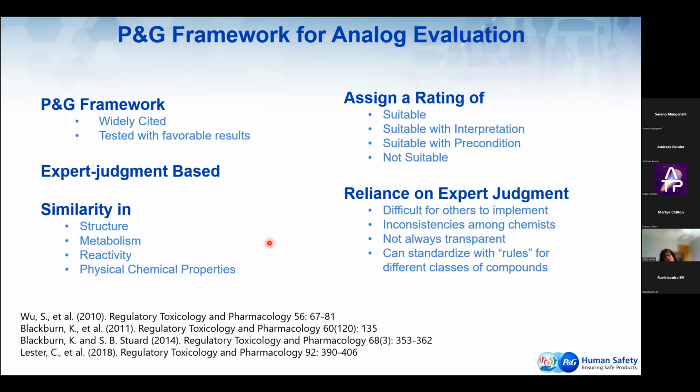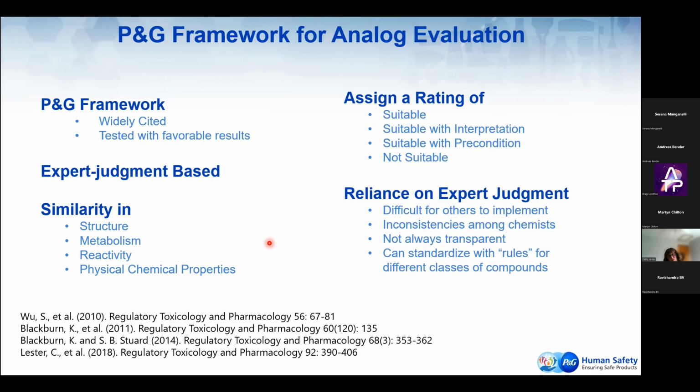Because the framework relies so heavily on expert judgment, it can be difficult for others to implement. It can lead to inconsistencies among chemists. It's not always transparent. So one way that we found to reduce some of these inconsistencies and the hindrance of transparency was to establish some rules for different classes of compounds.